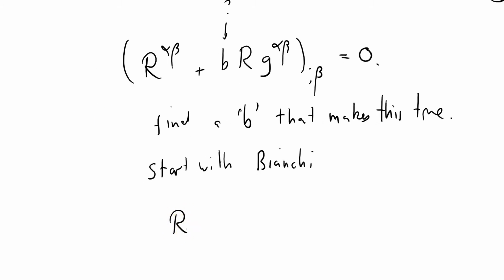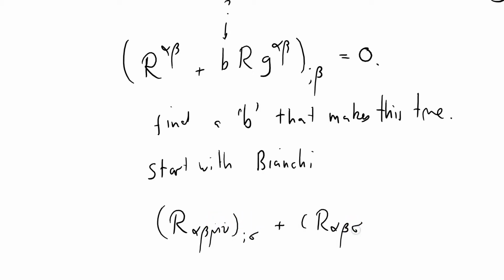We've got R, now which way around have we got? We've got alpha, beta, mu, nu, semicolon sigma, plus R alpha beta, which stay the same, and these terms go one to the right.